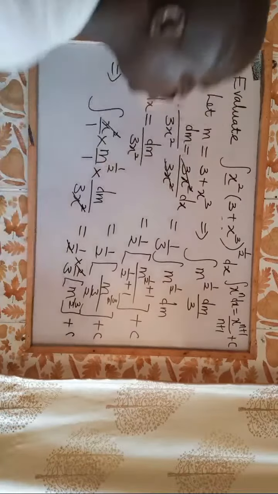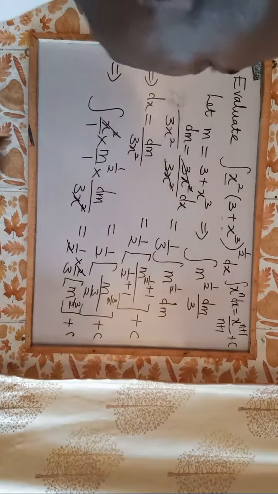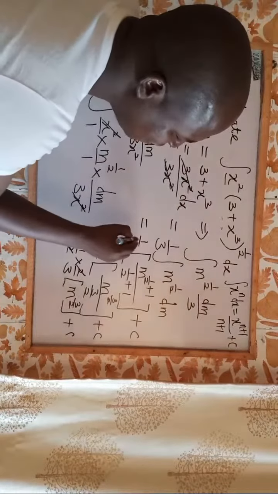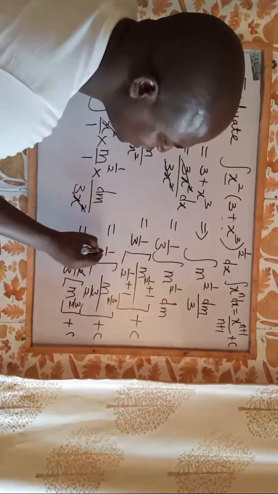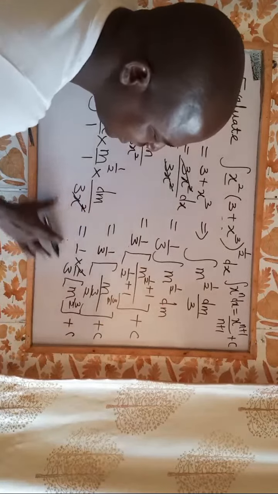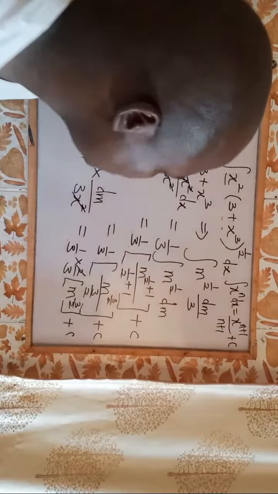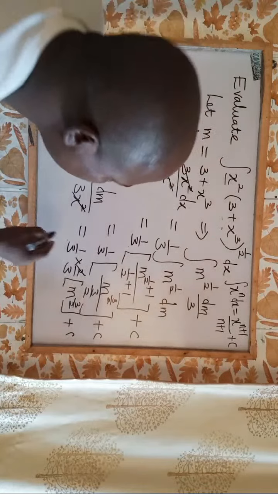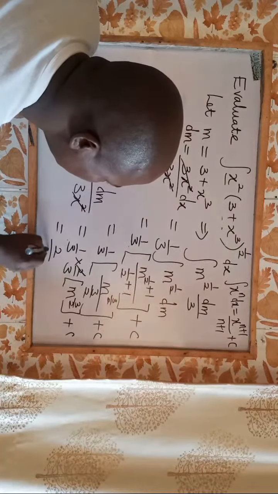I have 3 here, and this one too is also 3. I have 3 there. So we are going to have 2 all over 9.